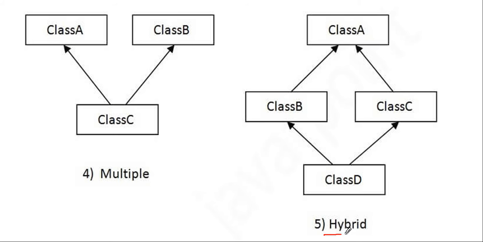In a similar manner, hybrid inheritance is also not supported by Java. Why? Because here class B and class C individually inherit from class A, and class D is another, fourth class, which is the child class of class B and class C. Meaning class D is the subclass of class B and class C, which are subclasses of class A. This kind of inheritance is also not supported by Java.